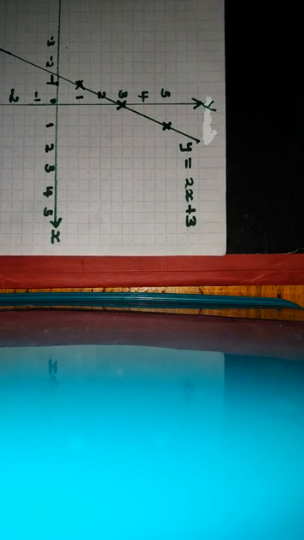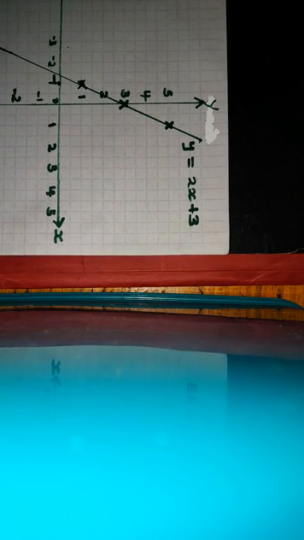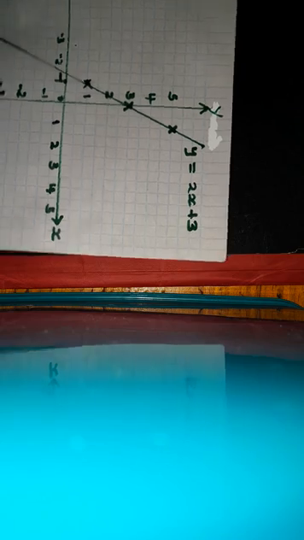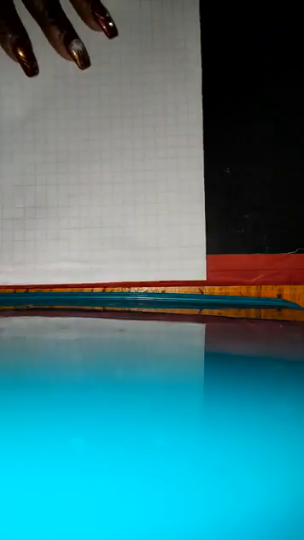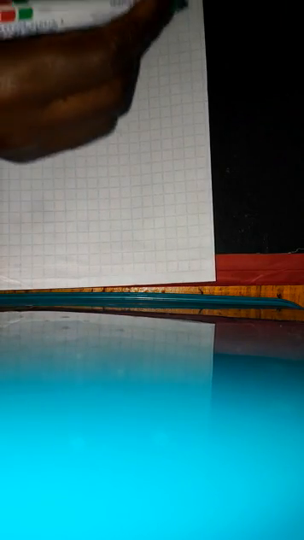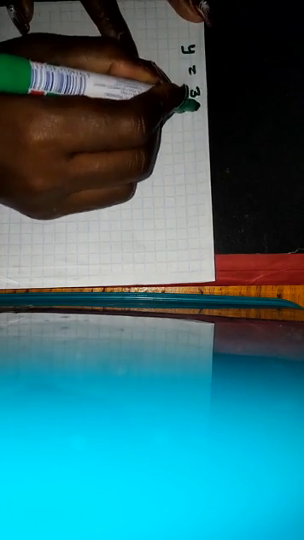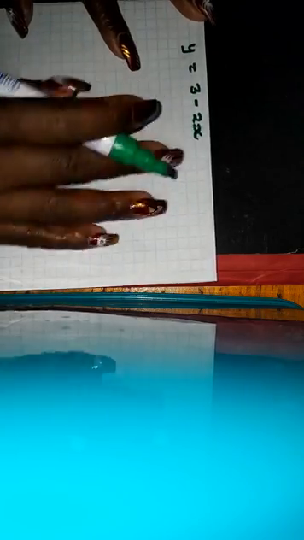Now let us go into the other graph. The other graph is given by y is equal to 3 minus 2x.